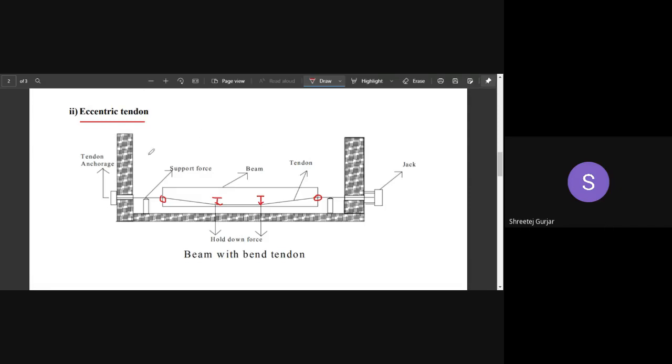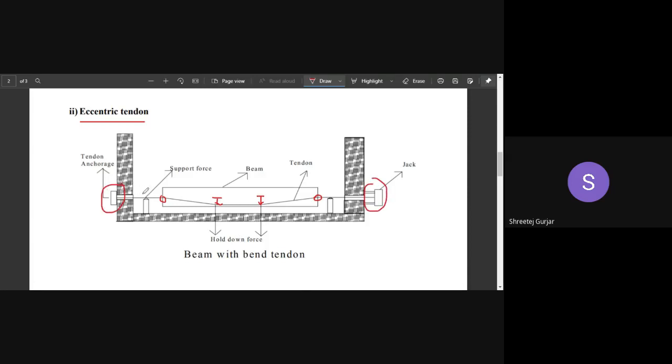This image is showing how that beam is manufactured with an eccentric tendon. You can see it is having a support force, and this is your beam, and this is your tendon, a steel member. At one end you have a jack, and at the other end an anchorage.